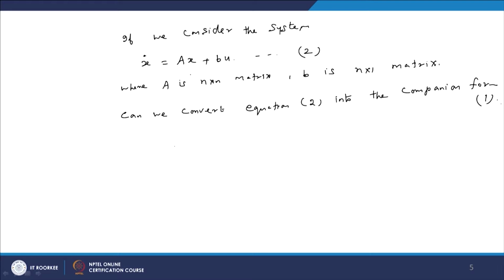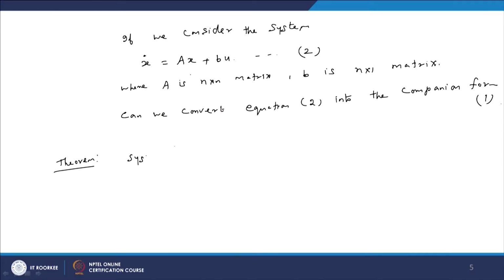This is the main result: the theorem says that the system 2 can be converted into the companion form 1 if and only if the system 2 is controllable.